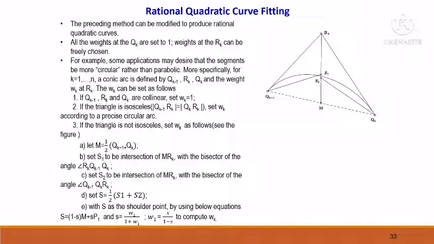Then set S equal to half of the sum of S1 and S2, with S as the shoulder point. By using the below equations, which are S equal to (1 minus s) into M plus s P1, and s equal to w1 by 1 plus w1, and w1 equal to s by 1 minus s, we compute the weight wk.